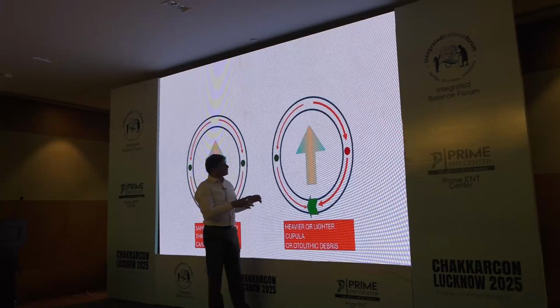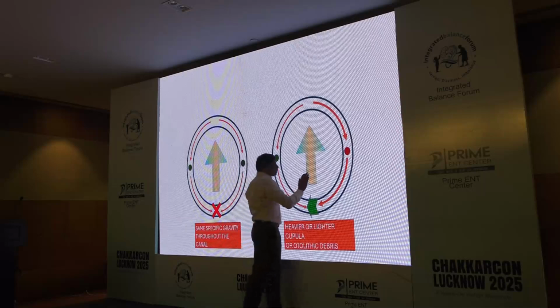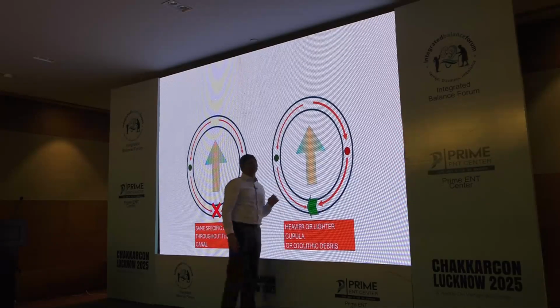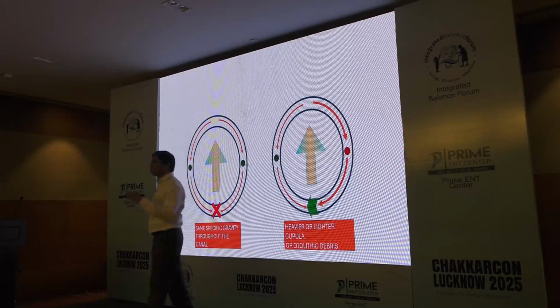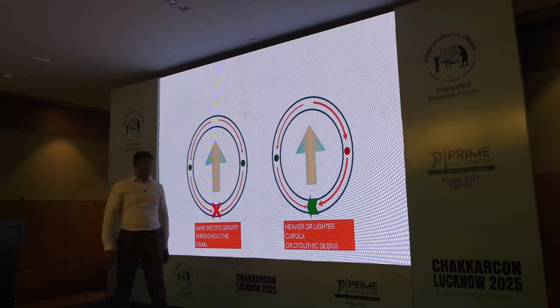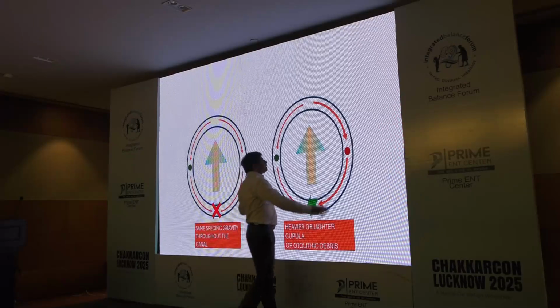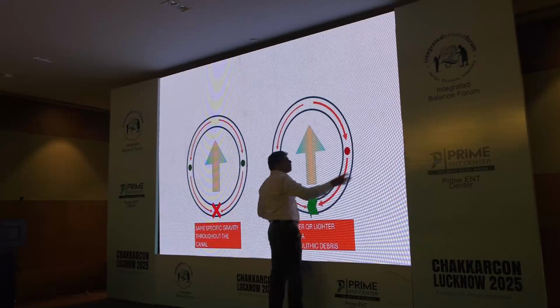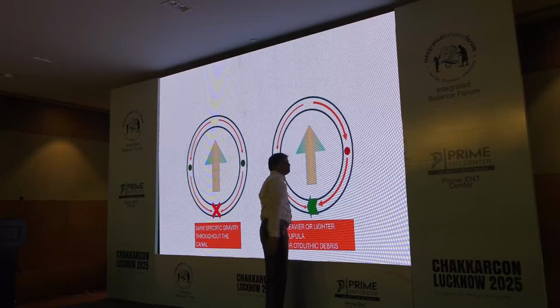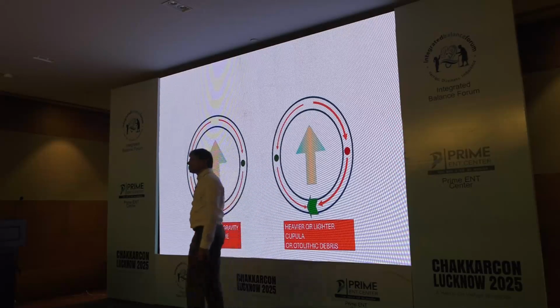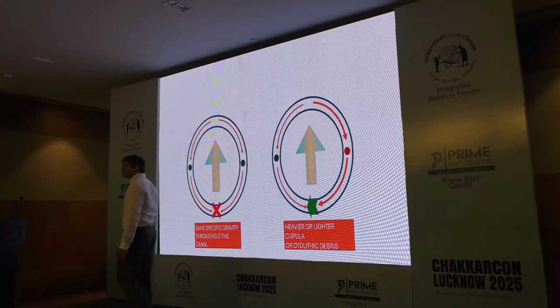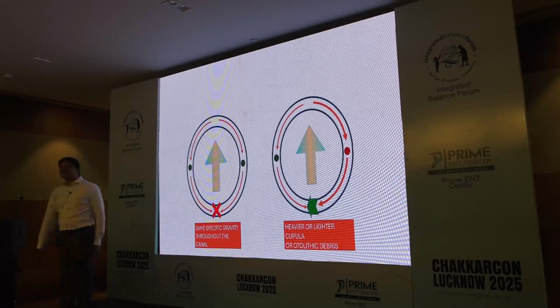Now, see this. If you take a calcium carbonate crystal and place it in the semicircular canal, the canal was filled with water. On one side, if you place the crystal, it has a little higher mass than water.